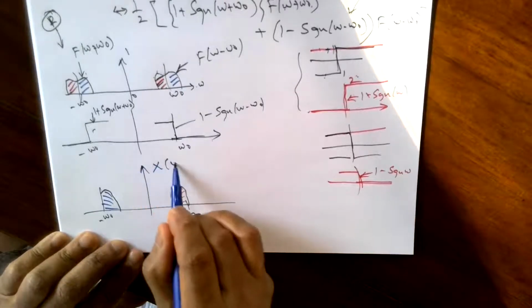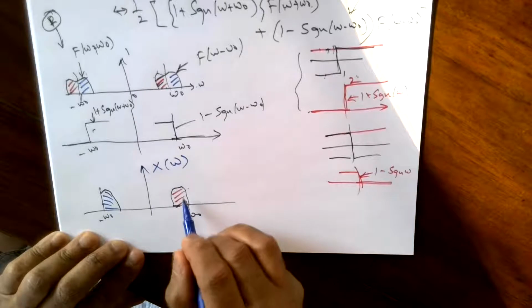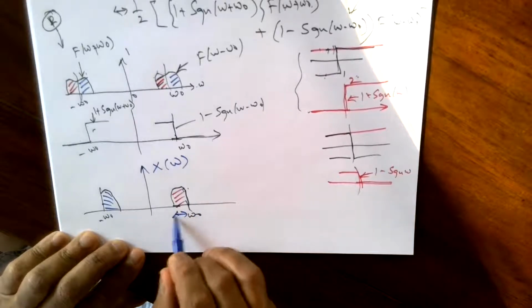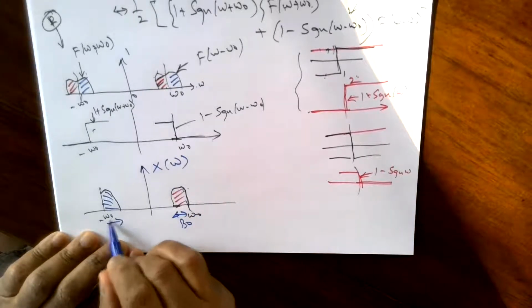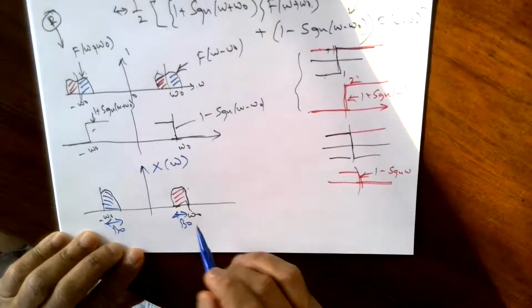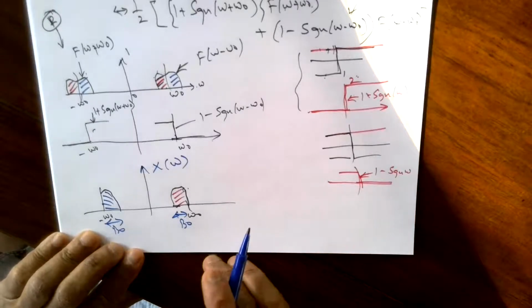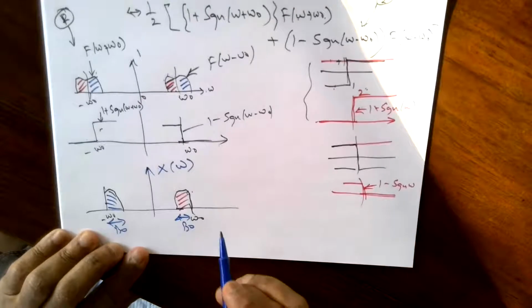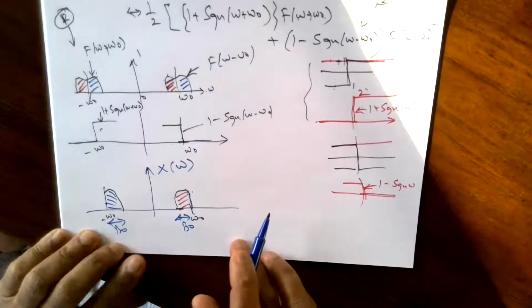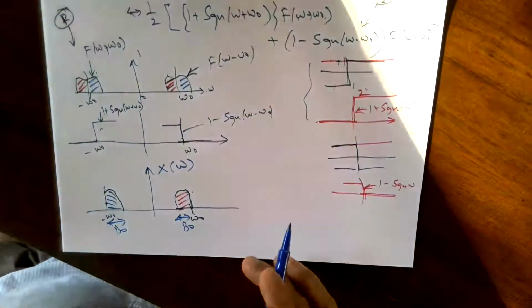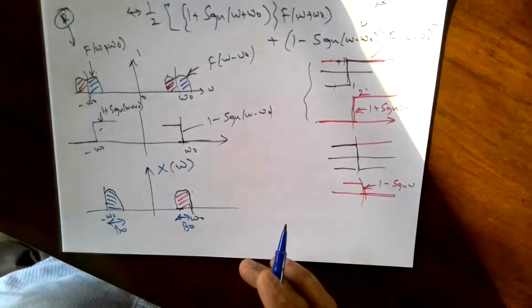So this is X of ω. Notice that here it's only B₀ instead of 2B₀. So half the bandwidth has been saved by bringing in the lower sideband compared to the double sideband modulation.